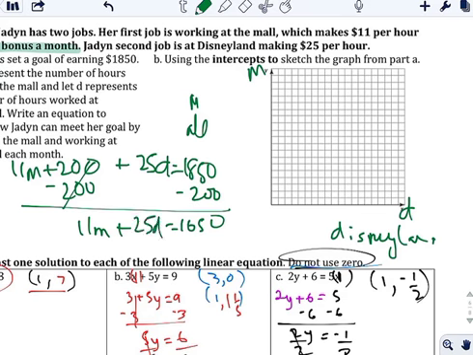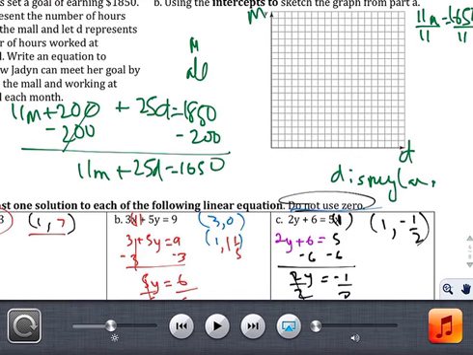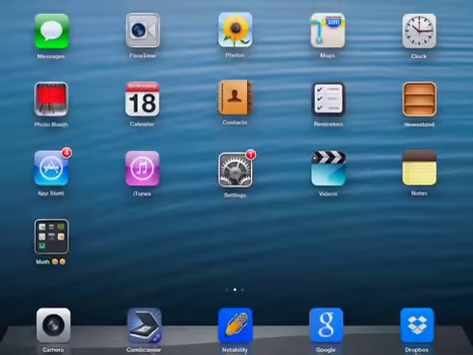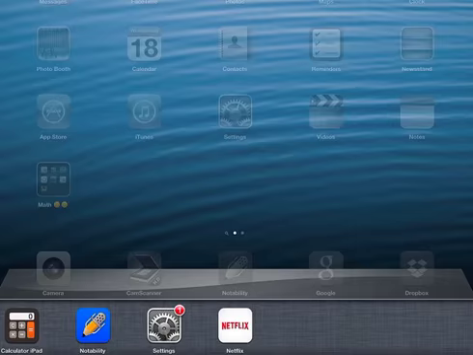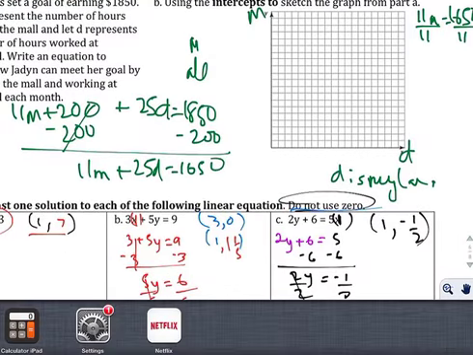Now you use that and you solve for x and y intercept. So 11m equals 1650. Divide by 11. Let's see, calculator. We're dividing 1650 by 11.